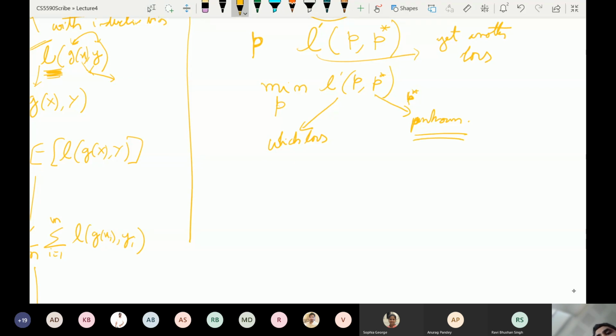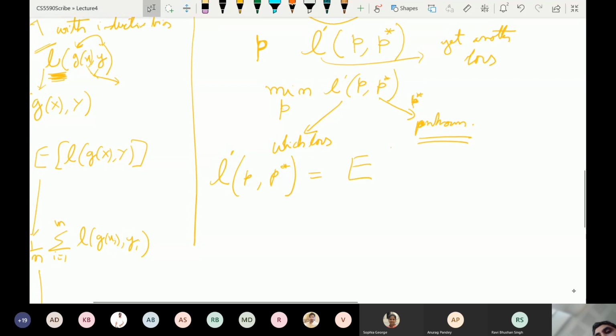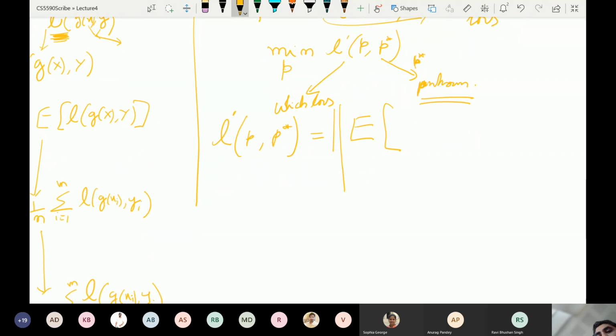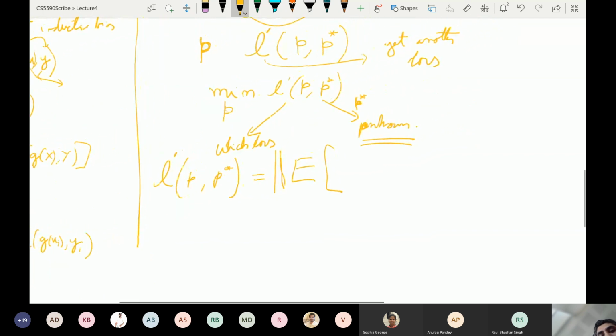Now let's discuss what loss functions are there. Now there are two very important loss functions which are useful for us. We'll just write them. Okay, so one of them basically does the following. It says my loss between two likelihood functions is simply the following.